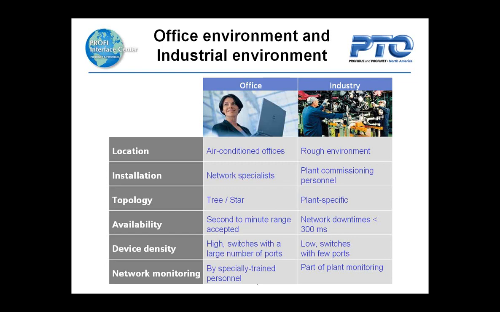Also, the device density: a lot of times you don't need so many ports on the switches, so 2 or 4 port devices are now available, where the device has a switch built in, and that way you're not always having to run a star topology back, because that gets into a lot more cabling and a lot more network drops to worry about. And of course, network monitoring is important, because we want to keep track of the network and be able to monitor how the plant's running.